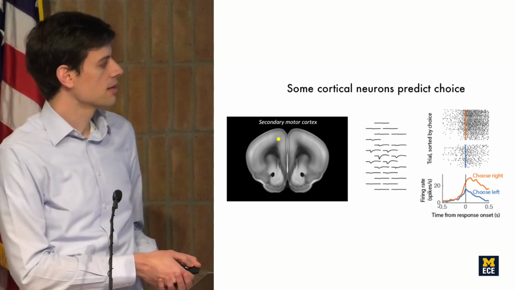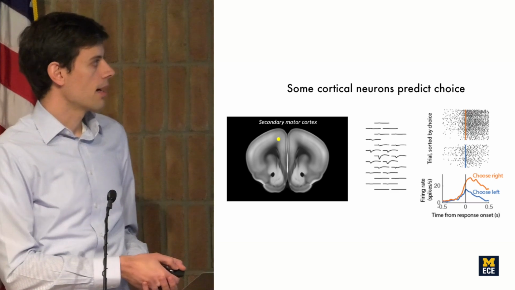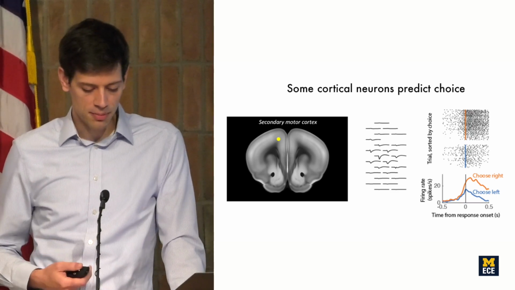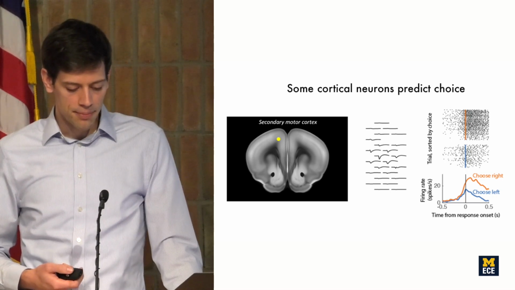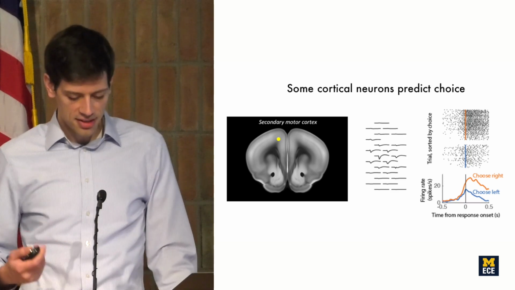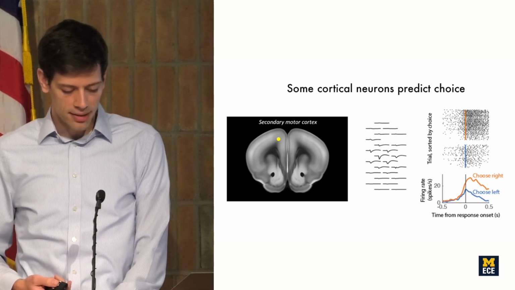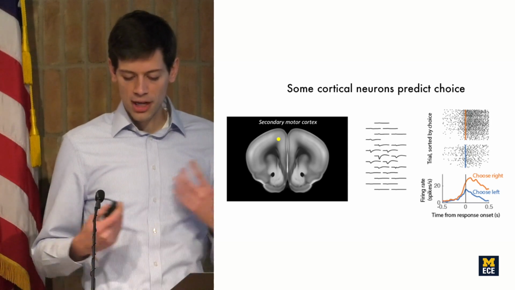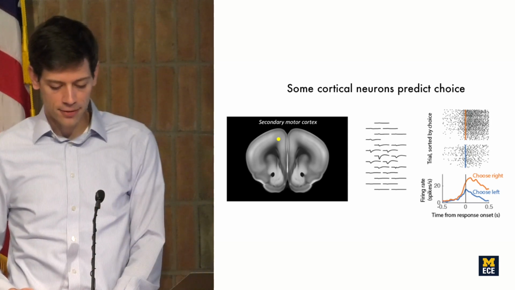And about 50 milliseconds before the choice, you could discriminate with some success from the activity of this neuron which choice the mouse was about to make. And so given the existence of these neurons, we might suggest that the secondary motor cortex might be involved in generating and driving the choice of the mouse in this behavior.